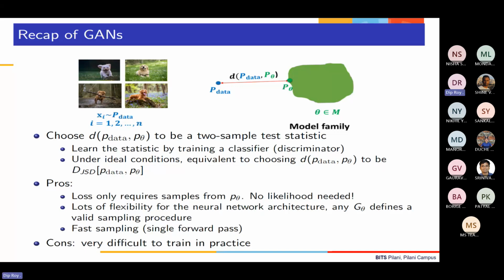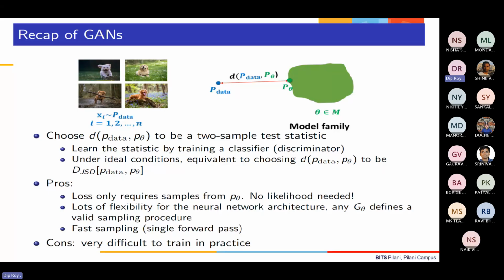Okay. And we also saw one other case where your sample quality was very good, but your maximum likelihood was bad. That was in the case of overfitting. And hence we wanted to move towards likelihood-free learning. And when we moved towards likelihood-free learning, we came up with this GAN framework, where you have a discriminator, which is nothing but a classifier.